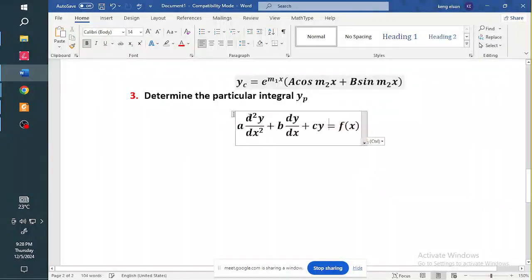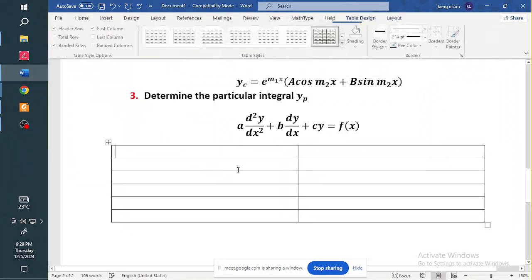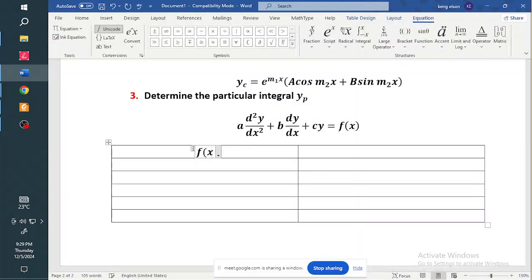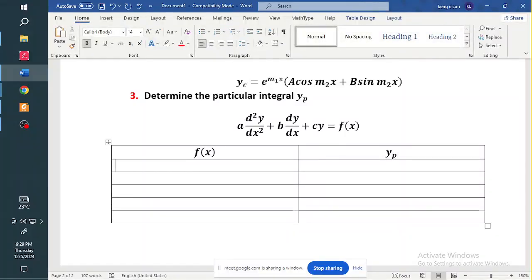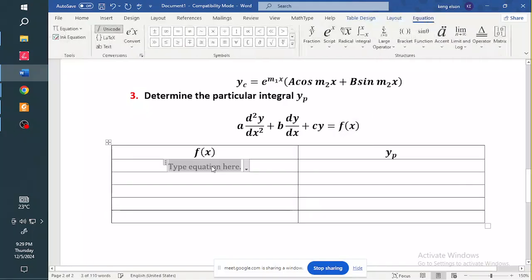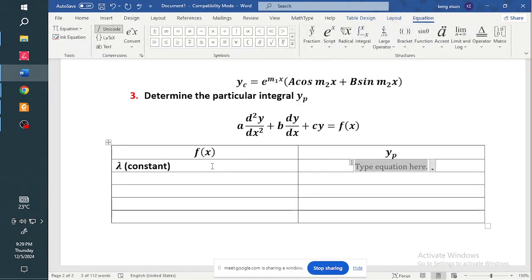So this is the differential equation we are talking about. Okay, so I'm going to write different values of f of x and how your particular integral is going to look like. So if your f of x is a constant, let us say lambda, then you should also know that your yp is also going to be a constant.